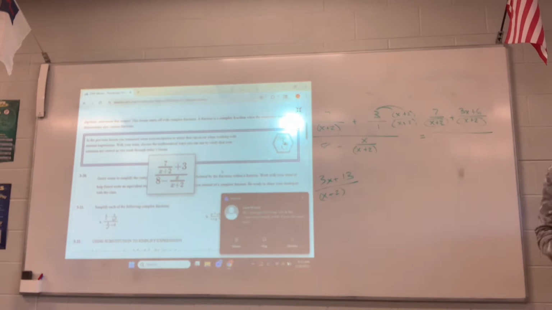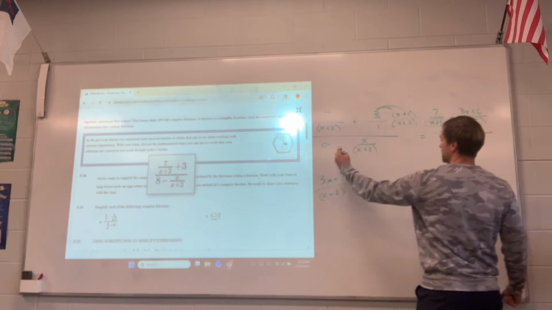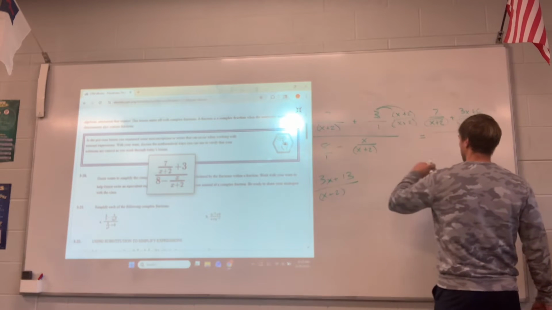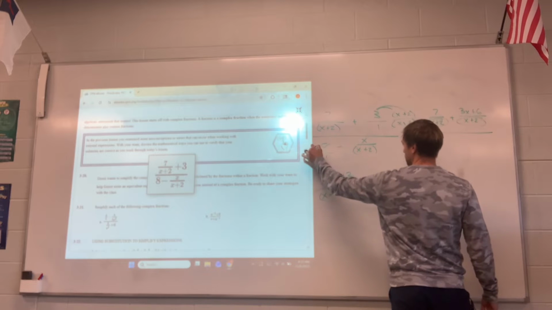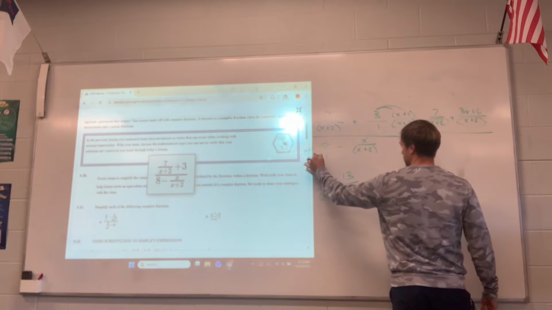Okay, let's look at the denominator. What would that be? Same thing, right? We need this to have a common denominator, so we multiply by x plus 2 over x plus 2.